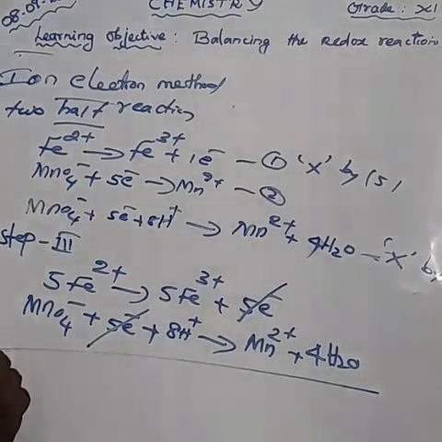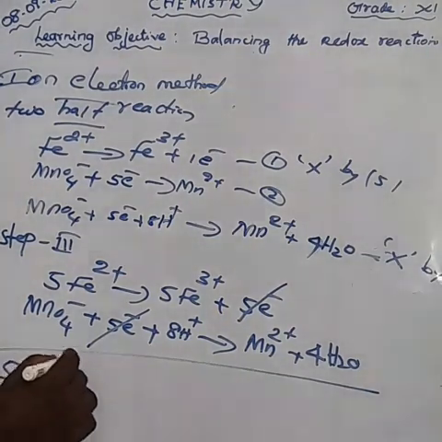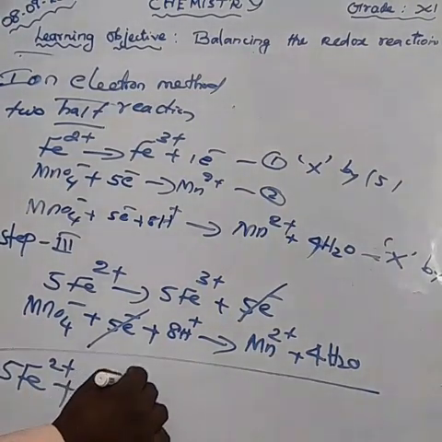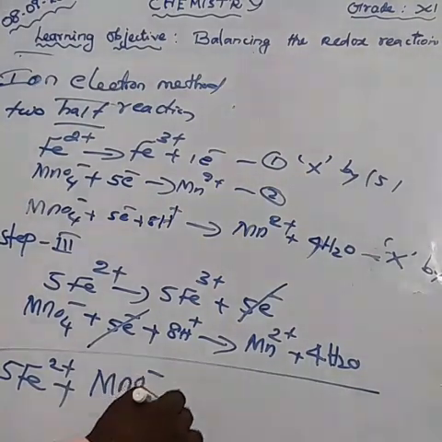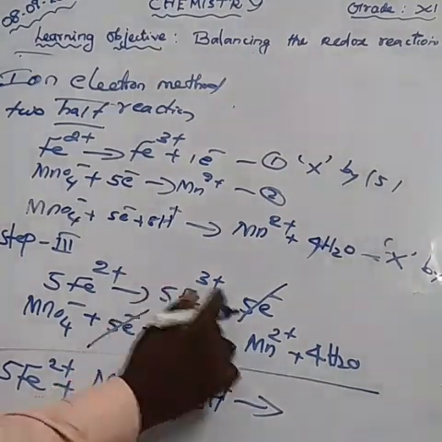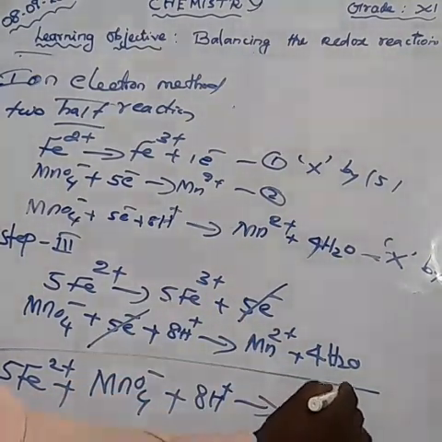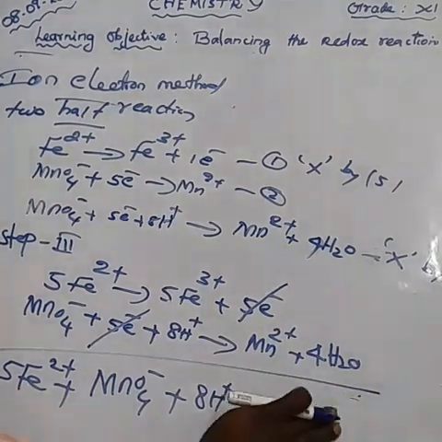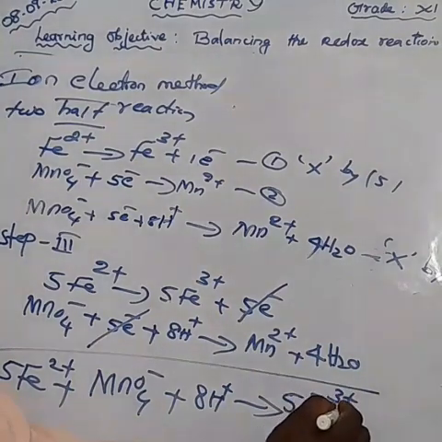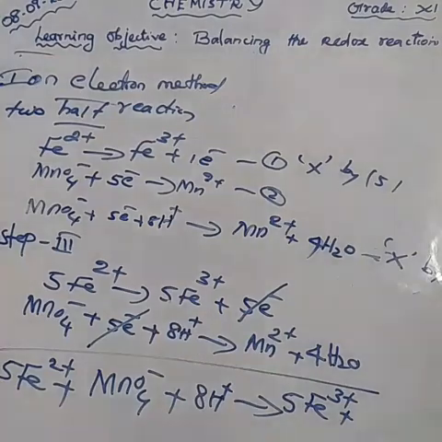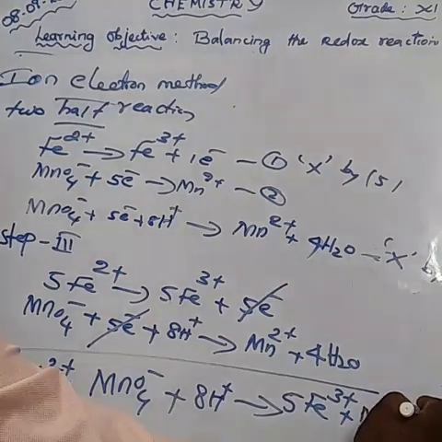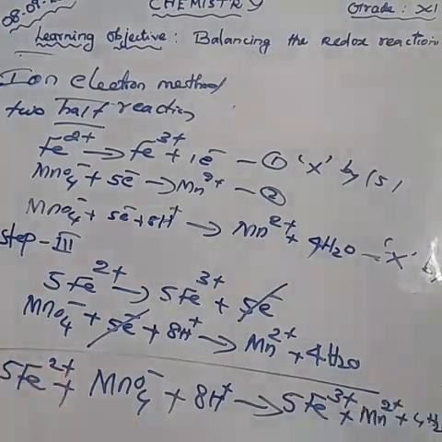So what's the answer? 5 Fe2+ plus MnO4- plus 8 H+ gives 5 Fe3+ plus Mn2+ plus 4 H2O. This is the equation.